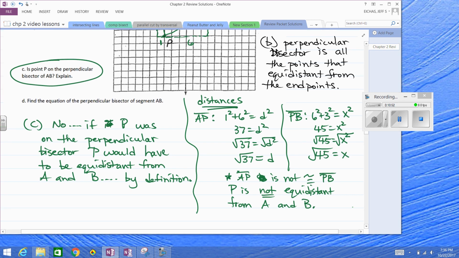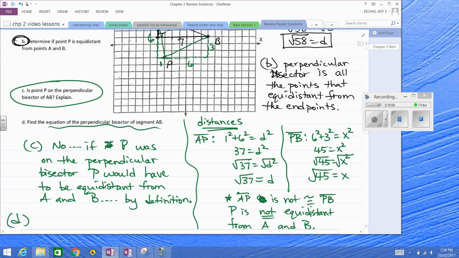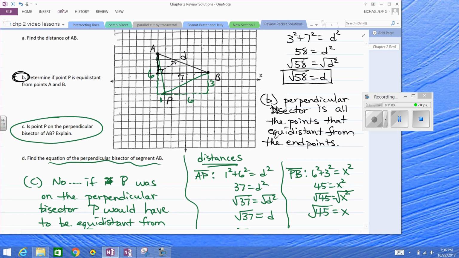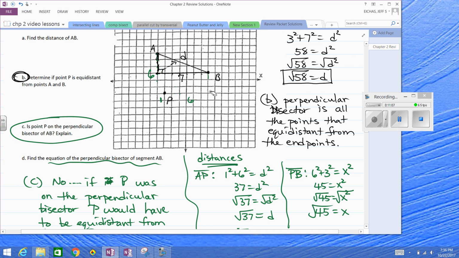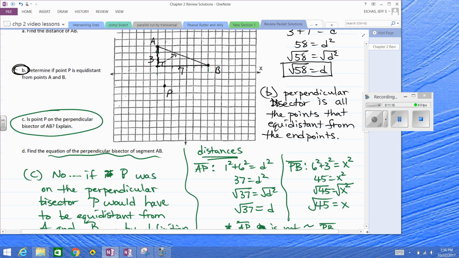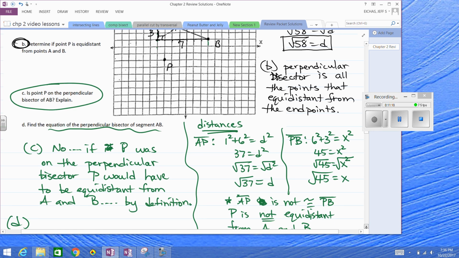Okay, now part D, we have to find the equation of the perpendicular bisector. This is where what we had going is great. Back to the original here, let's get rid of some stuff. Don't need D anymore. We're going to have to find the midpoint of AB.